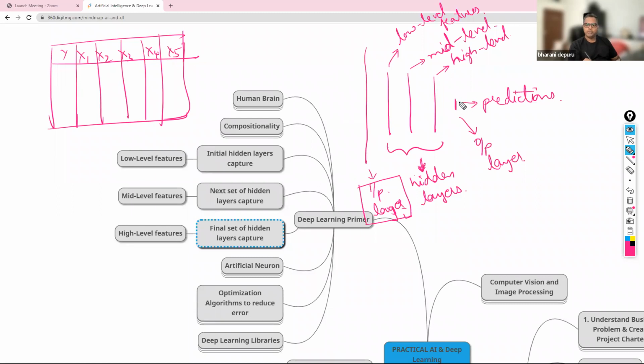Then in the output layer, the number of neurons that you should ideally have depends on what your output variable is. If the output variable is continuous, then you will have a single neuron in your output layer.